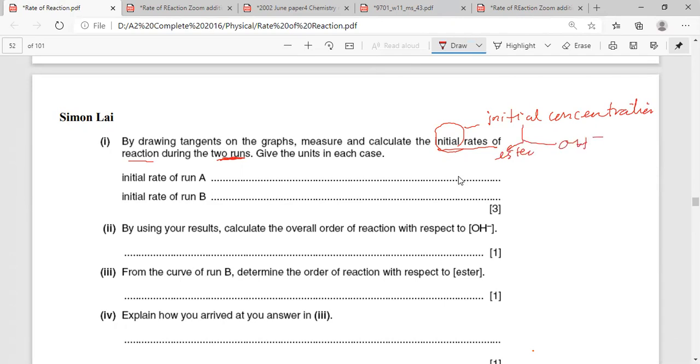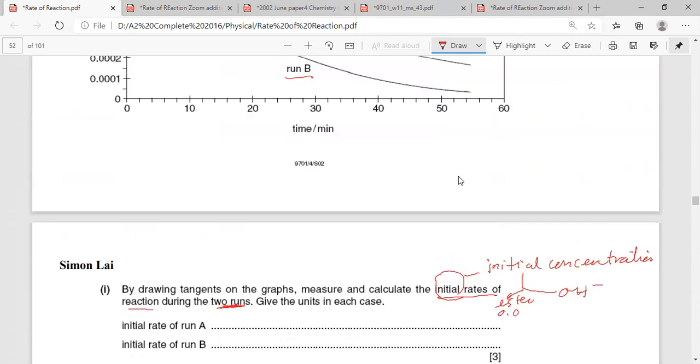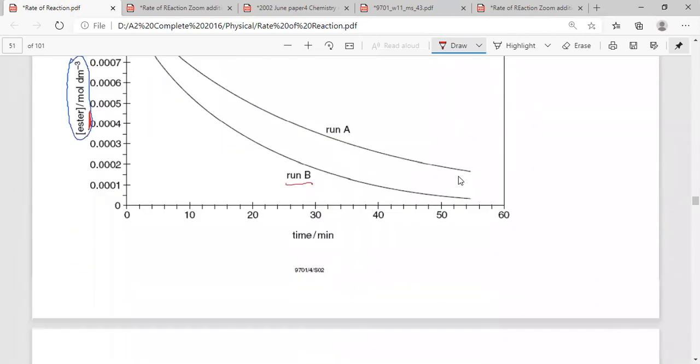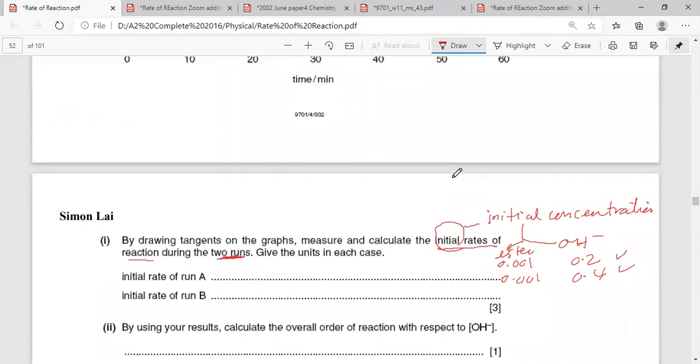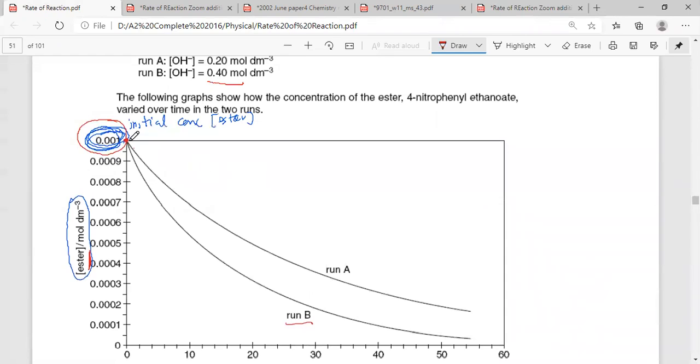The first run is 0.001 for the ester and 0.2 for OH minus. The second one is 0.001 and 0.4. You know the concentrations, so what you can do now is find the tangents at the initial point. That means I must draw the tangent here. Let me give you a good piece of advice.